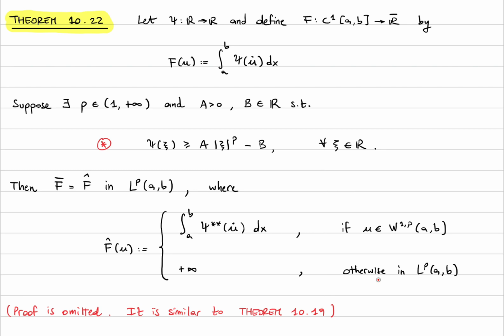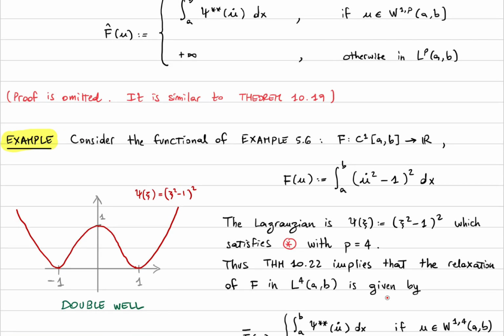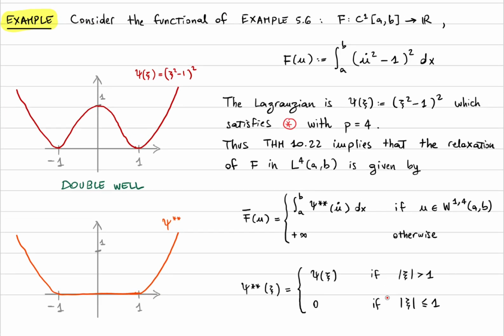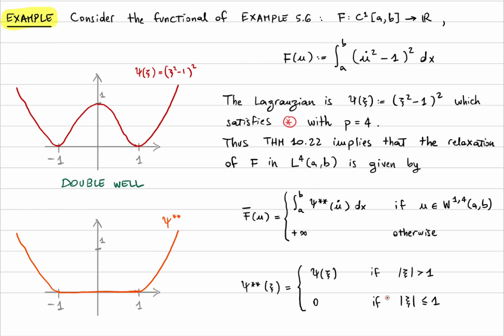Okay, so let's see an example of application of this theorem, and we apply it to the double well functional that we saw already many lessons ago.